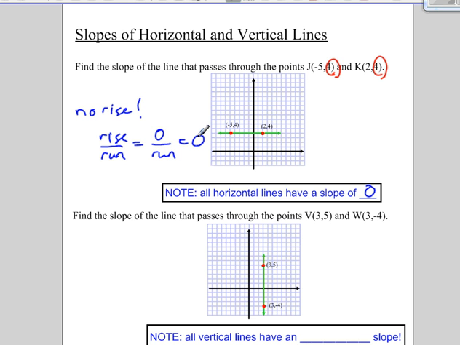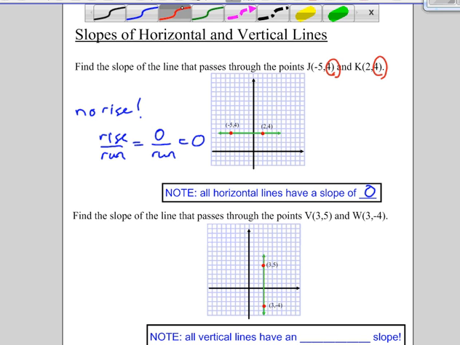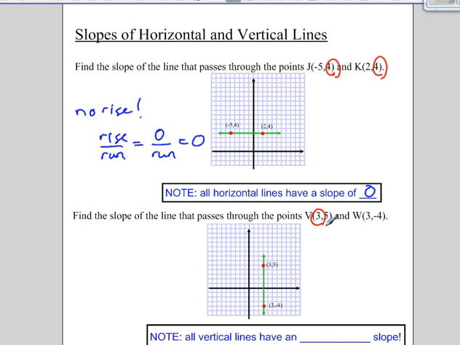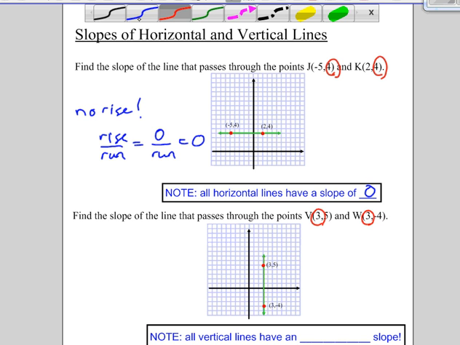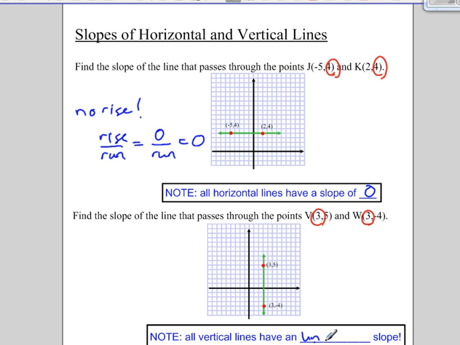Now, vertical lines, if you recall, and again, we know that these are vertical because the x-coordinates are the same. So that's kind of a little trick to know whether you're dealing with a vertical line or not. So again, this one was a little different. These ones have a slope that we call undefined. And that did not write very well, so I'll write that again in another spot.